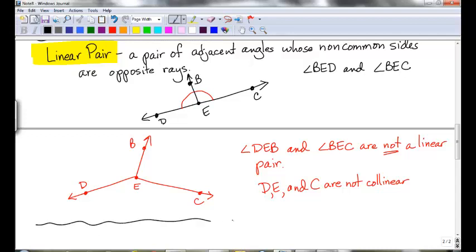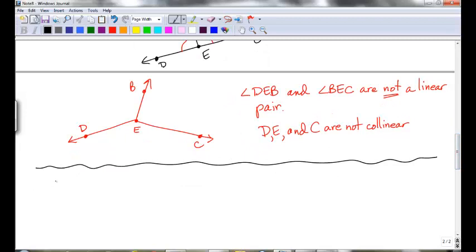Another thing, and this one you should have already had before, complementary angles. Remember, complementary angles add up to 90 degrees.